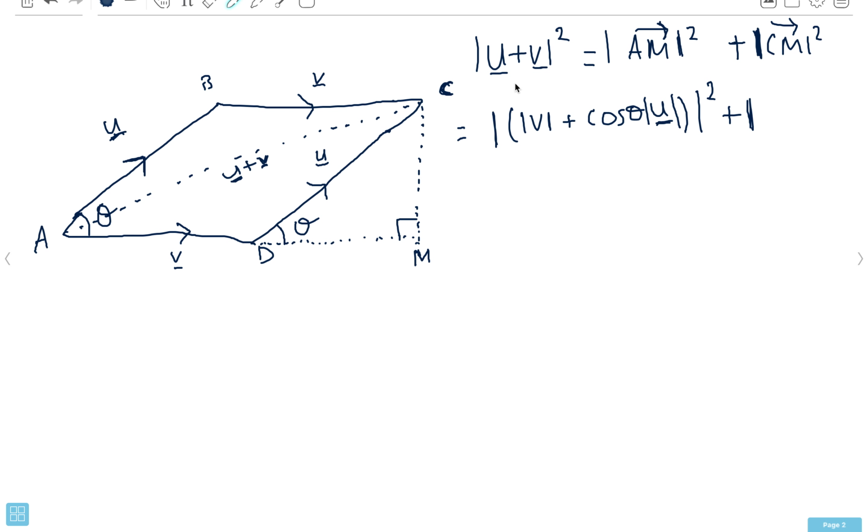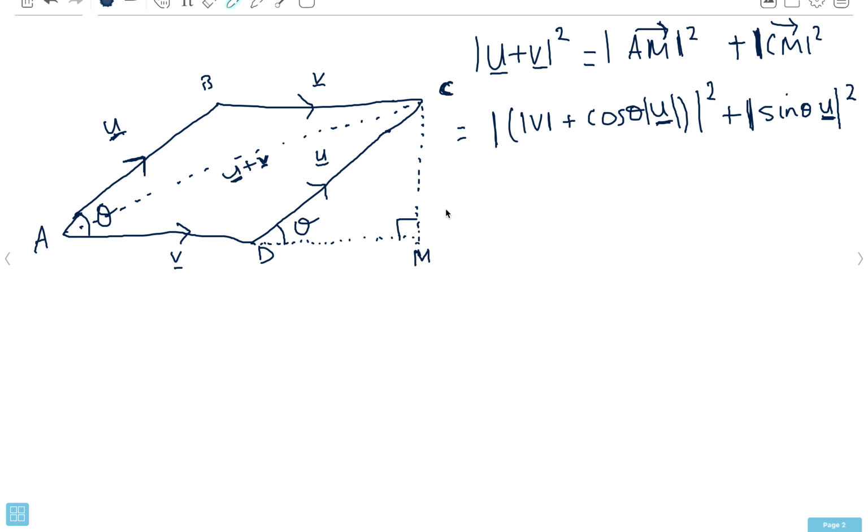CM squared is quite easy to work out because you just use this triangle here. From trigonometry again, it's sine theta multiplied by u, and then squared.